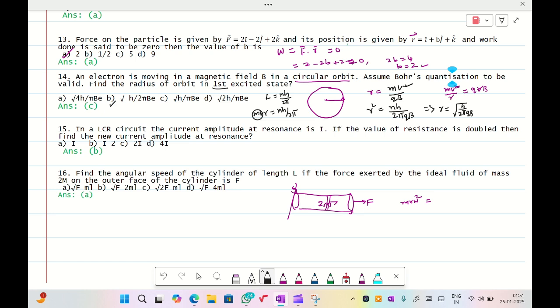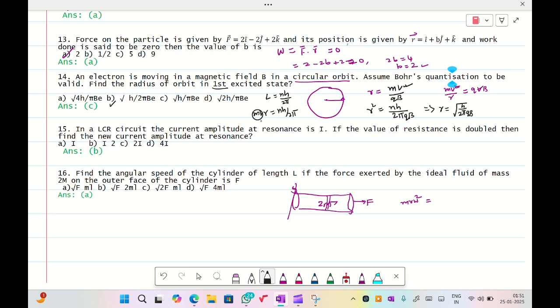An electron moving in a magnetic field, assume the Bohr quantization to be valid. So B only is correct, I think, not C. L, the angular momentum, is equal to nh by 2 pi, and here angular momentum is equal to mvr. Is it mvr by 2?